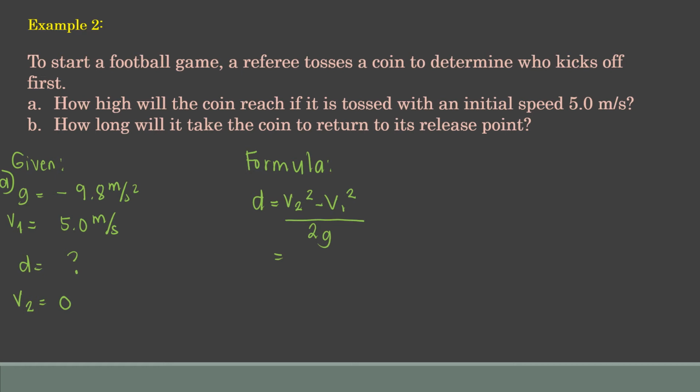We know that V sub 2 is 0 and 0 squared will still be 0, so let's just remove it. The formula will simply become distance equals minus V sub 1 squared all over 2 times G.